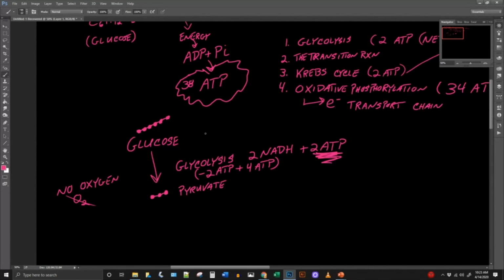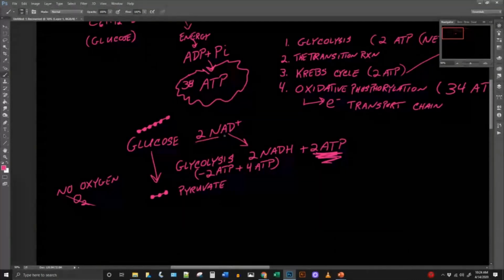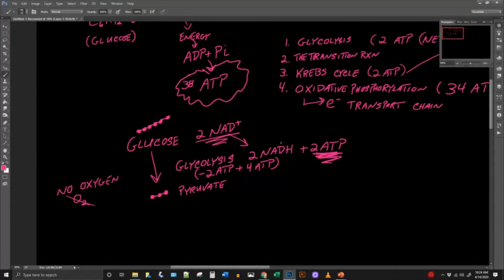But in order to do glycolysis, you actually needed this coenzyme, NAD+, in order to make these two NADH. It's not a convenience, it's a required part of glycolysis. So we need more NAD+. But the only way that traditionally you would get rid of NADH and remake NAD+ is through oxidative phosphorylation. But that requires oxygen.